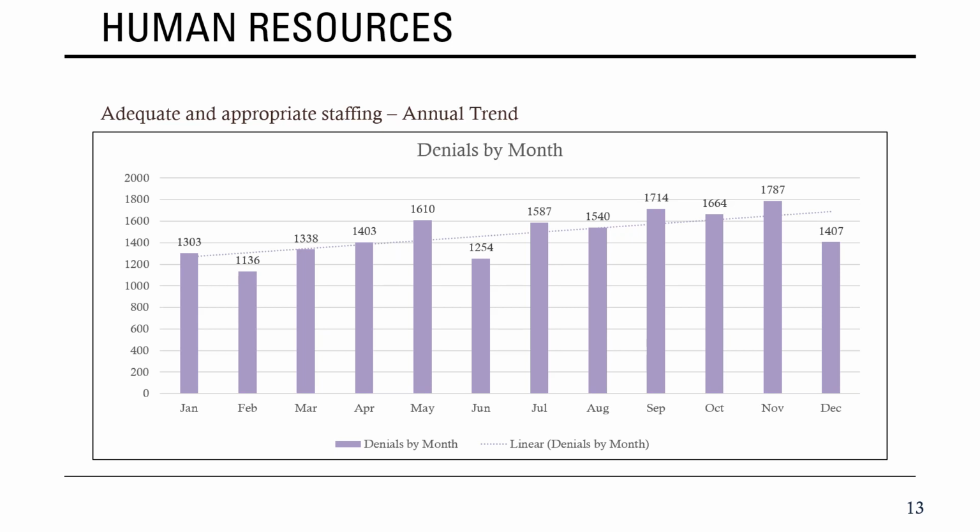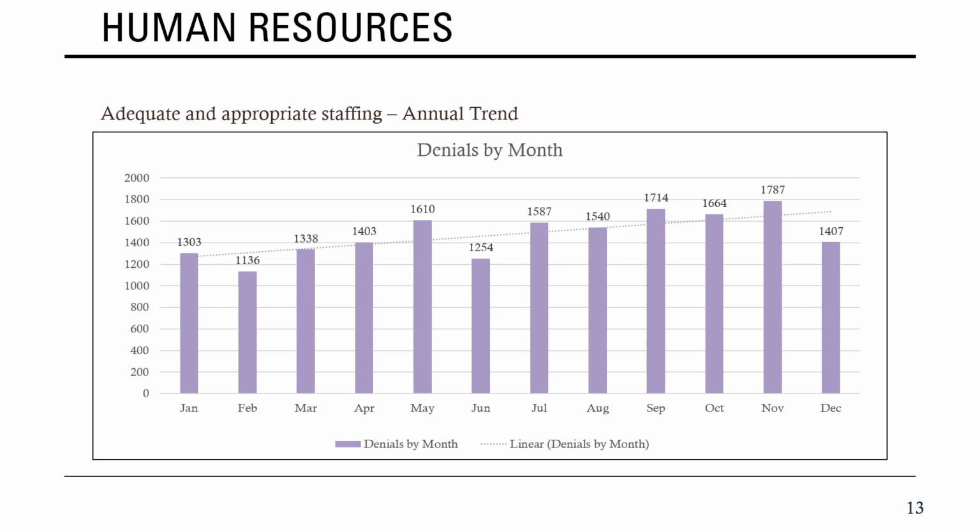The other thing about the denial trend by month is to help you understand whether the root causes that you are addressing are helping with diminishing the number of denials coming in per month. So is that having an effect?